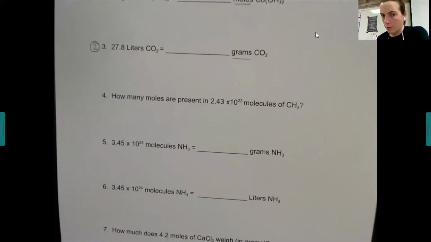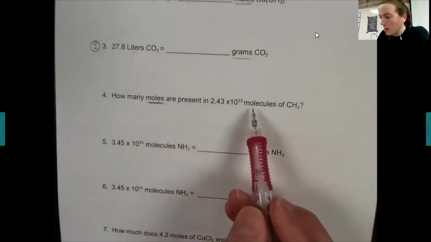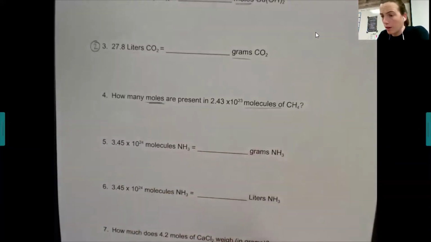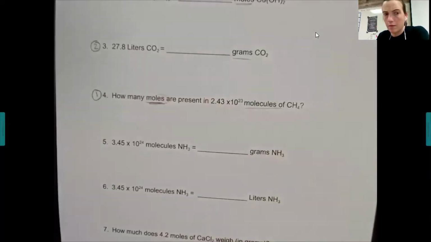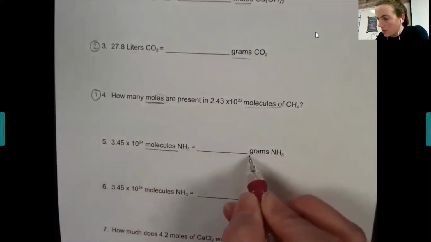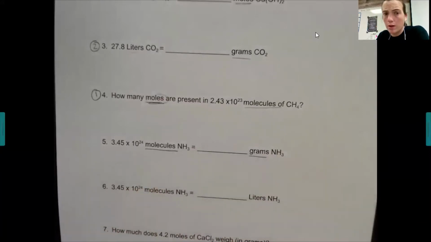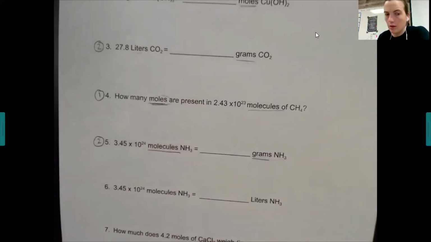Number 4, how many moles are present in so many molecules? This does say moles, so number 4 will be 1 step. This one is going from molecules to grams. Does it say moles anywhere? No. So it's going to be 2 steps.